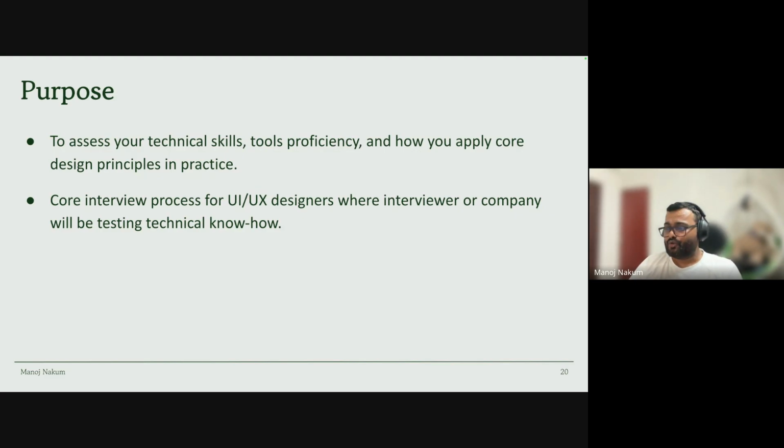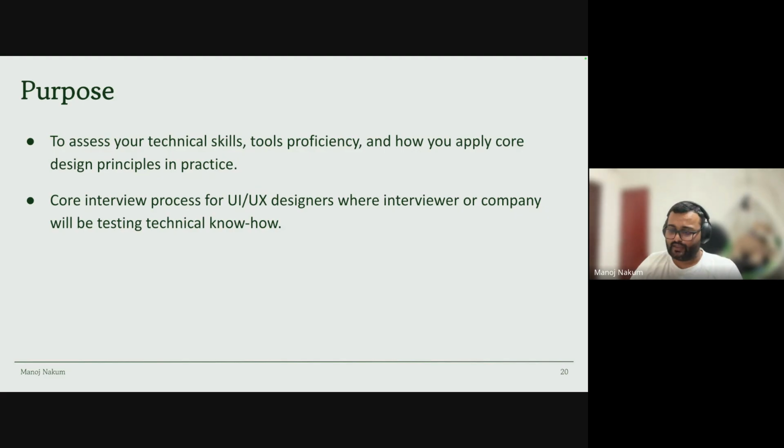But most companies in the service-based industry hire a product designer or a UI UX designer, where you would do everything from UX to UI. That's why they want to check each and every skill of yours. And in the age of AI, not only your UI skill, but nowadays your skill on no-code tools and all these things are also being evaluated.